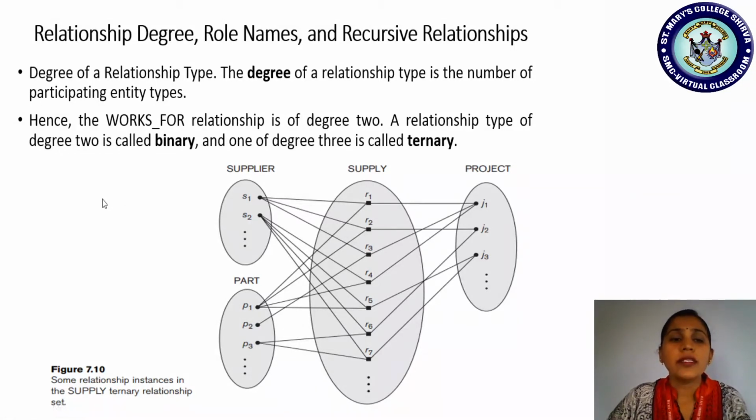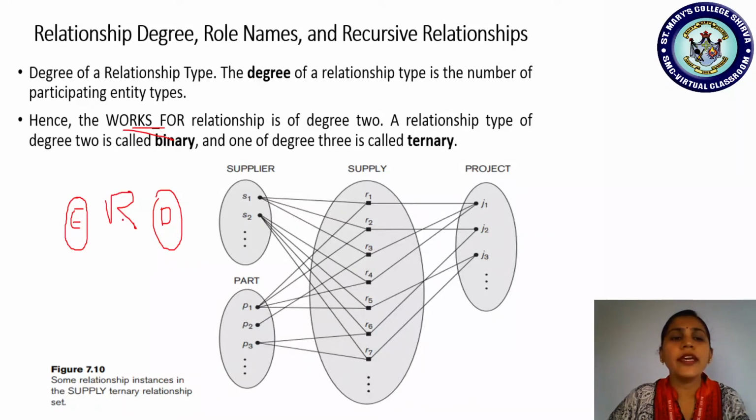So, what is that works for? Now if you just check, this is the employee entity, and this is the department entity. The relationship we are talking about here, works for, is a relationship between employee and department.